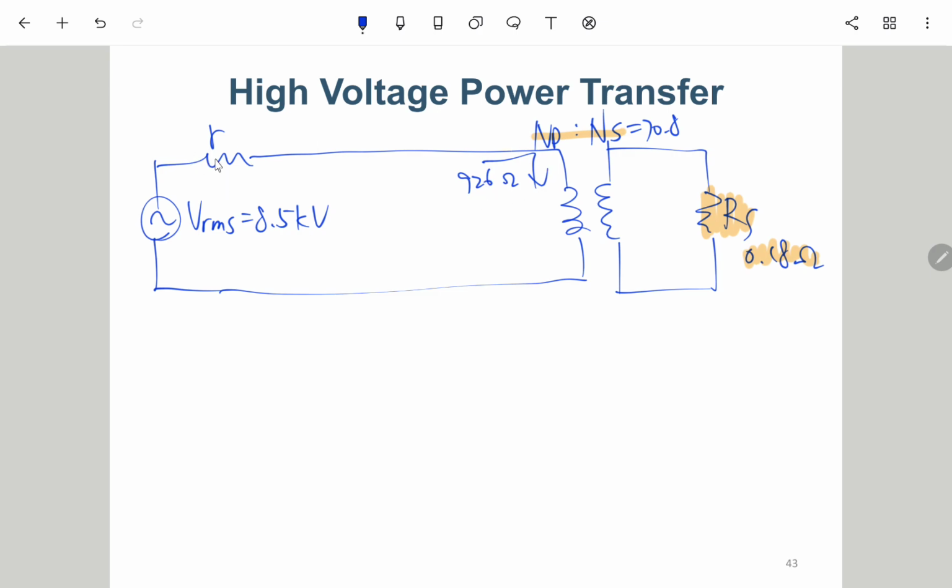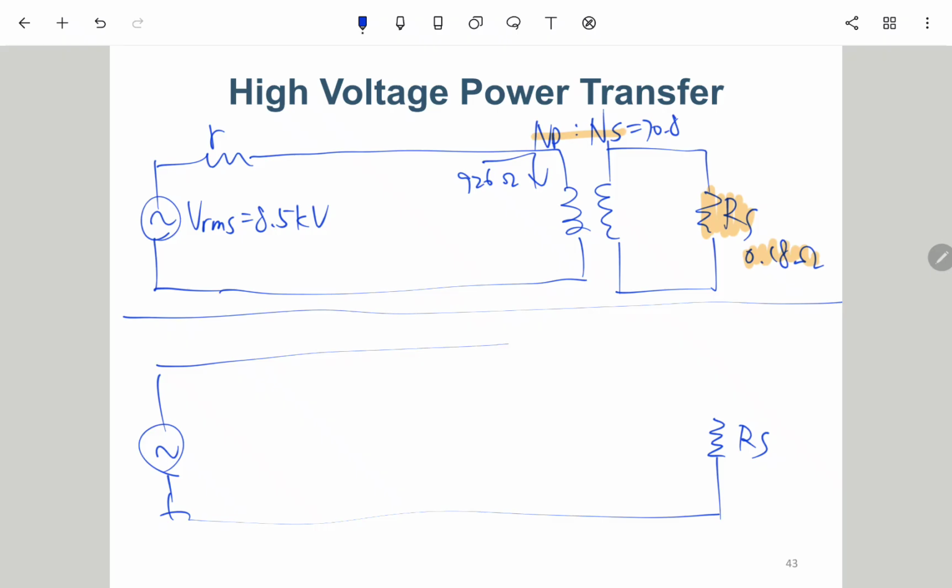then the power dissipated by the wire will still be low. But if we don't use this transformer, if we don't use high voltage to transfer the power, it will be like we have this R_S directly connected to the source, and we provide you 125 volts far away from your home.